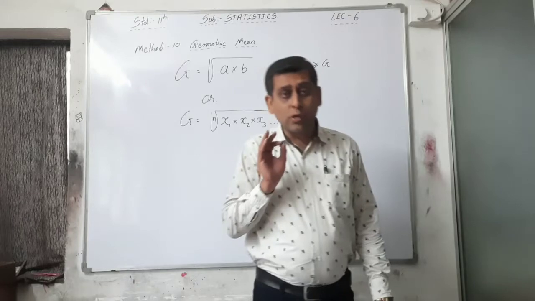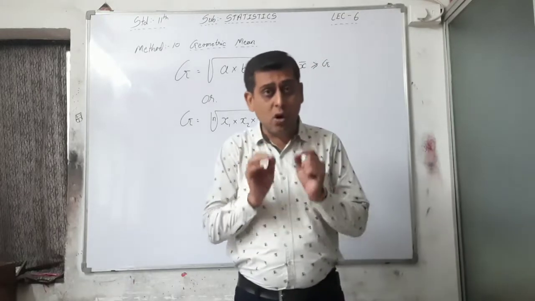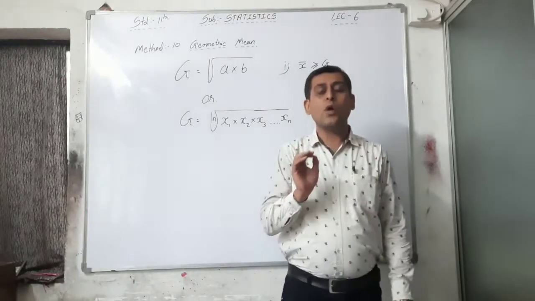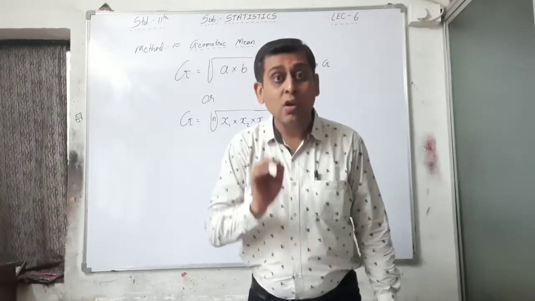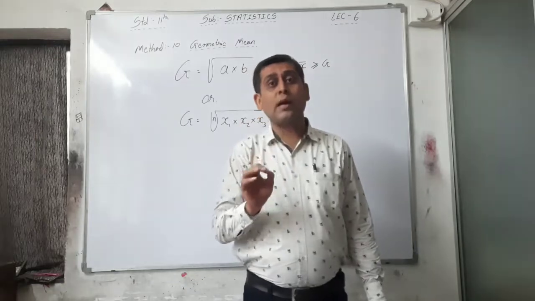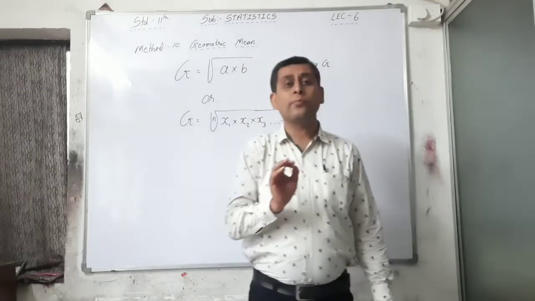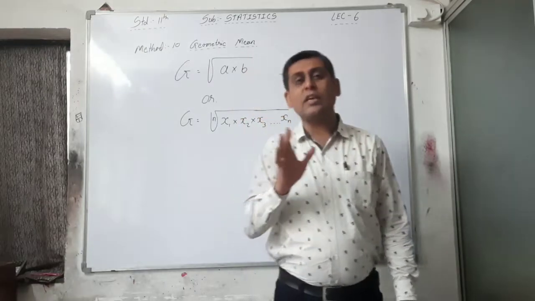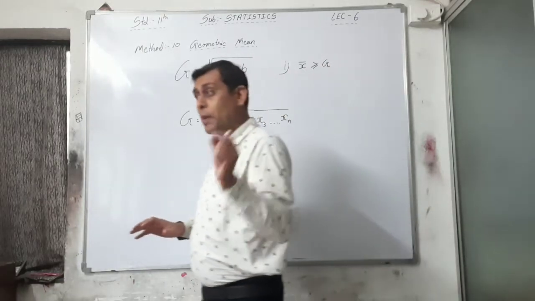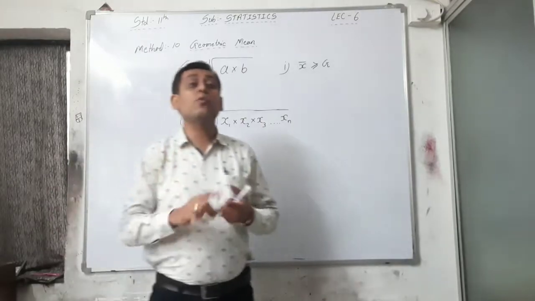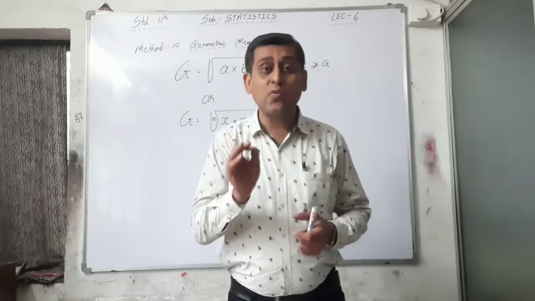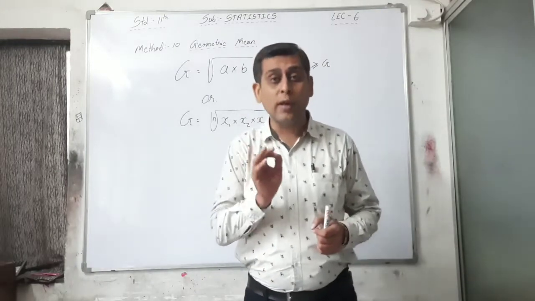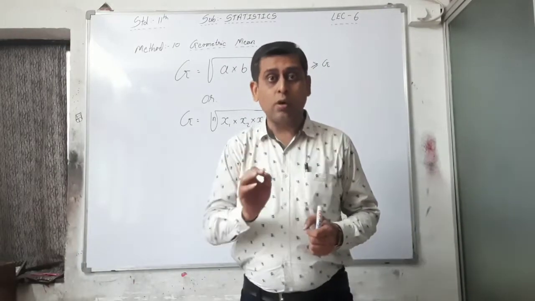You have to keep in mind that not everything is specifically asked. You have to remember at what time you have to take which formula, because in statistics the main thing is formula, and if you remember all the formulas, you also have to know in which question you have to take which formula. That is the rule, right?